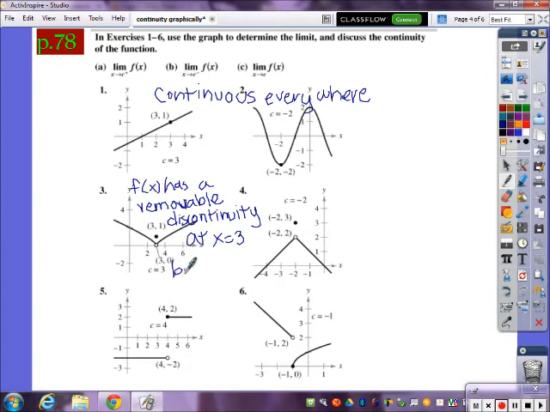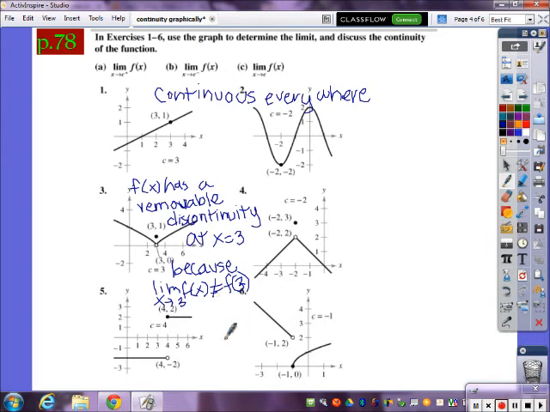So I would say because the limit as x approaches 3 of f of x does not equal f of 3. So the limit does not approach the same y value as the function is defined at x equals 3. So that's how I would establish the continuity of the function.